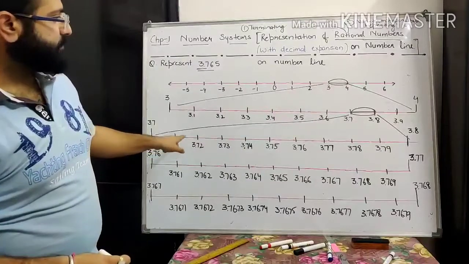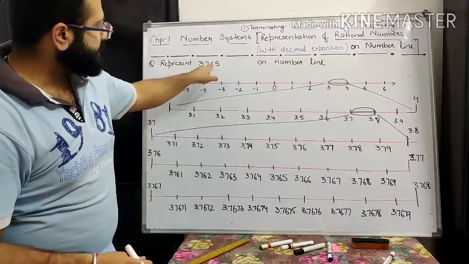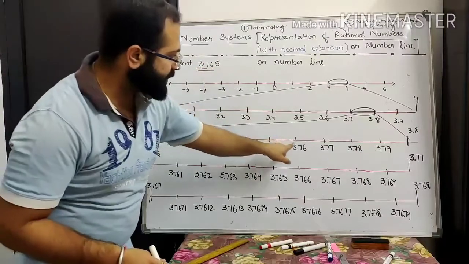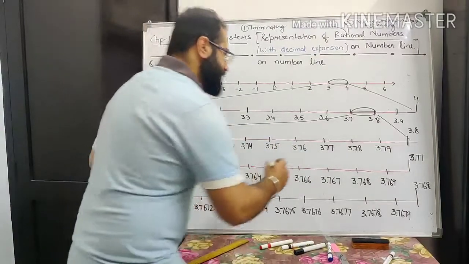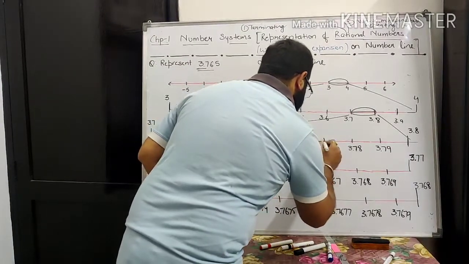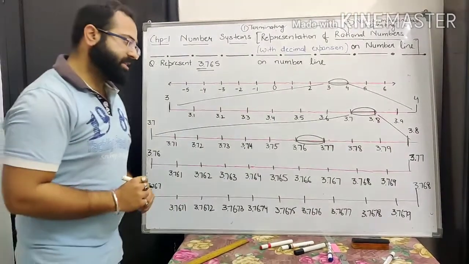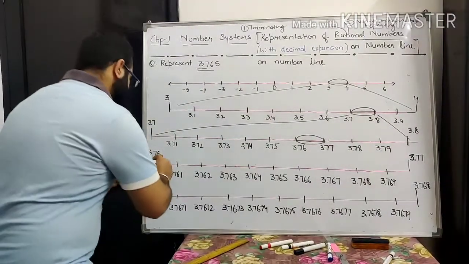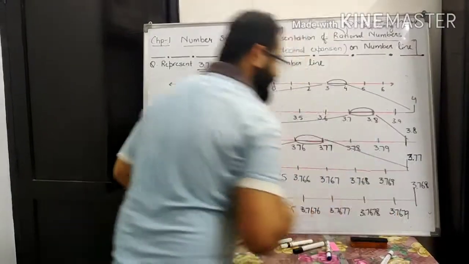Now again coming back to the number, we have 3.765. So in this scale, 3.765 will lie between 3.76 and 3.77. So here what we'll do, we'll magnify the scale between 3.76 and 3.77. On magnification, you'll again get 10 equal divisions.